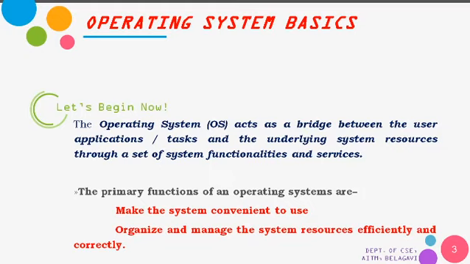So this operating system will act as a bridge between the user applications, like WhatsApp, Facebook, right, and the underlying system resources through a set of system functionalities and services here. So the primary functions of operating systems are to make the system convenient to use, and to organize and manage the system resources efficiently and correctly here.